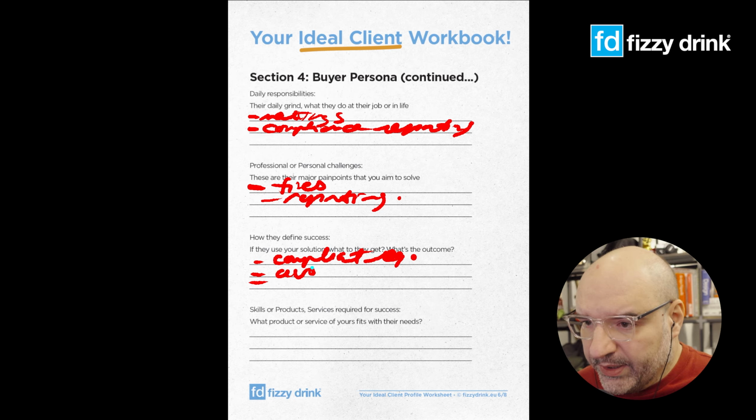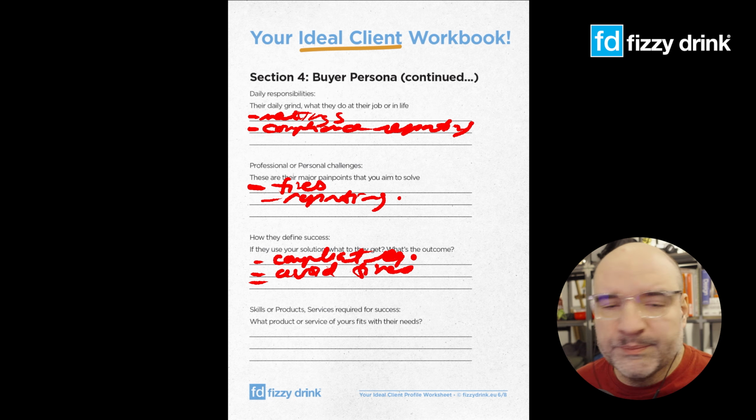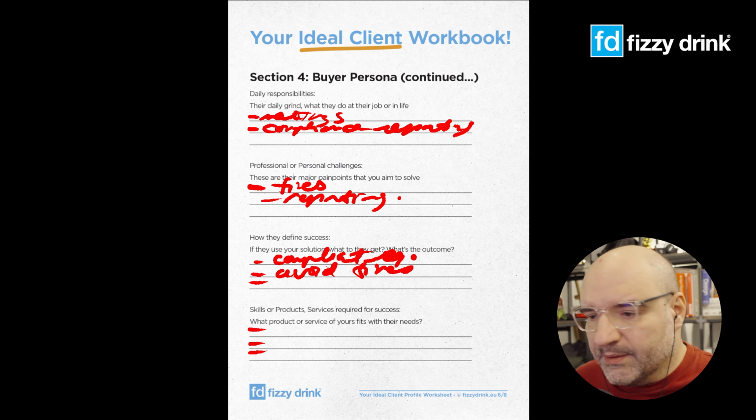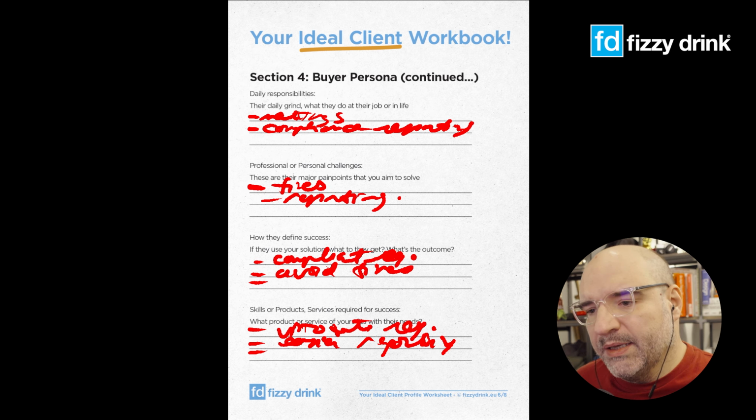He's going to avoid fines, and maybe that'll get the regulator off his back, or that's the big success, and he might avoid getting sued or whatnot. In this case, then, what would be the services or products that the first law firm would provide? It might be a service of up-to-date regulatory, or it might be an easier way of reporting. Think along those lines. So that's the services or products that would make sure that Bob gets the success that he's looking for, or you're alleviating his pain points.